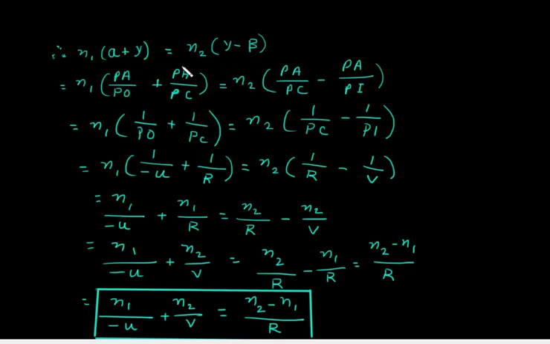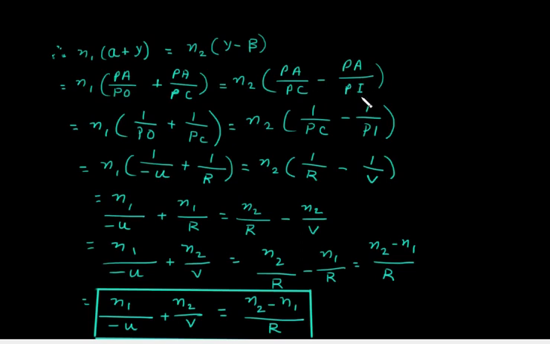Let us substitute alpha, gamma and beta with the expressions we got earlier: alpha is equal to PA by PO, gamma is equal to PA by PC, and beta is equal to PA by PI.